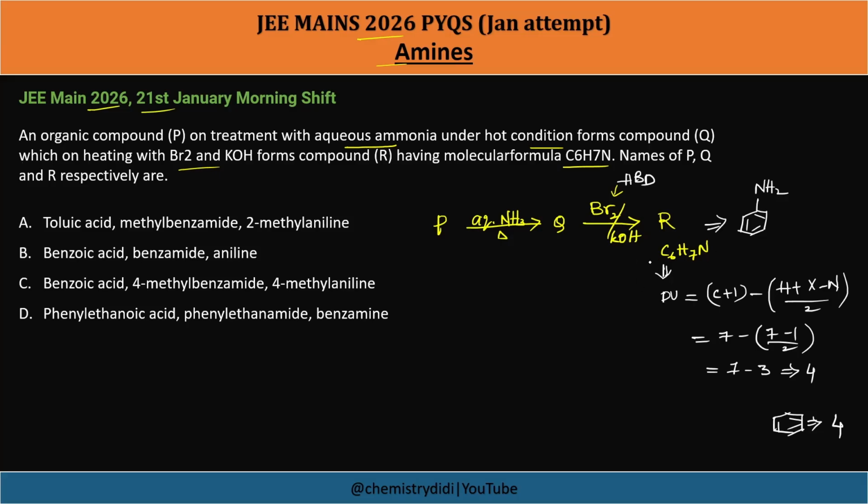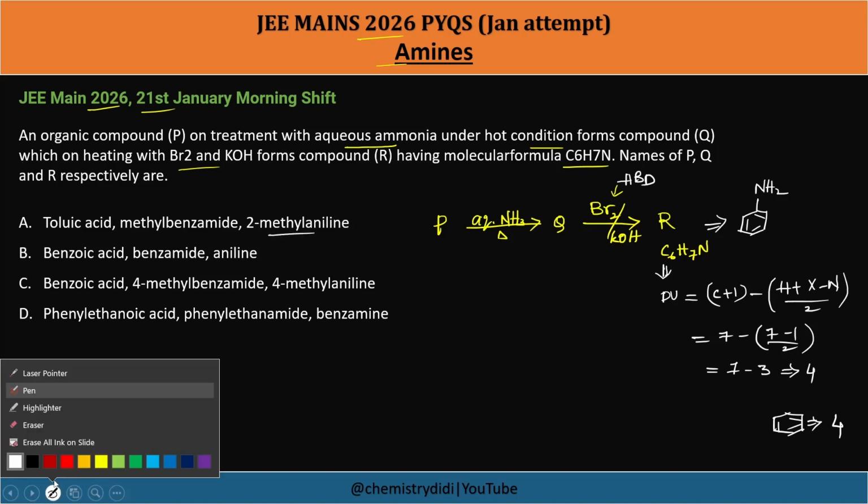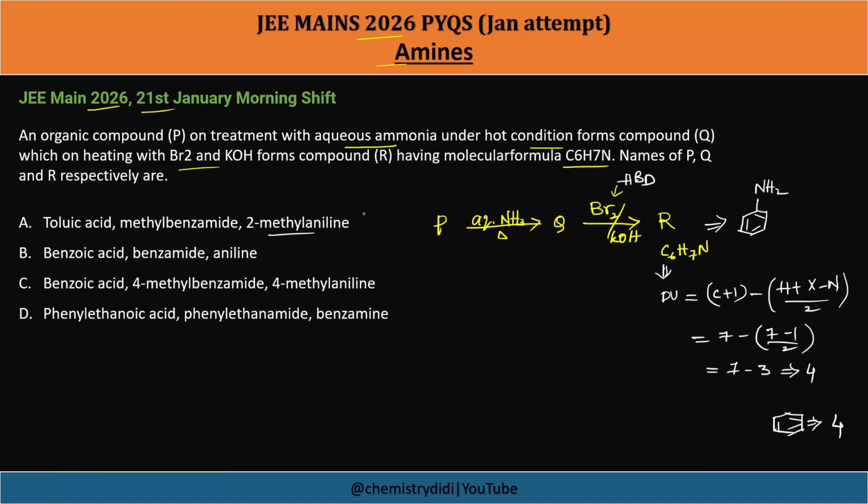Now you can check the options also. They have given 2-methyl aniline. 2-methyl aniline looks like this: this is aniline, and on the second position with respect to this group, there will be one methyl group.